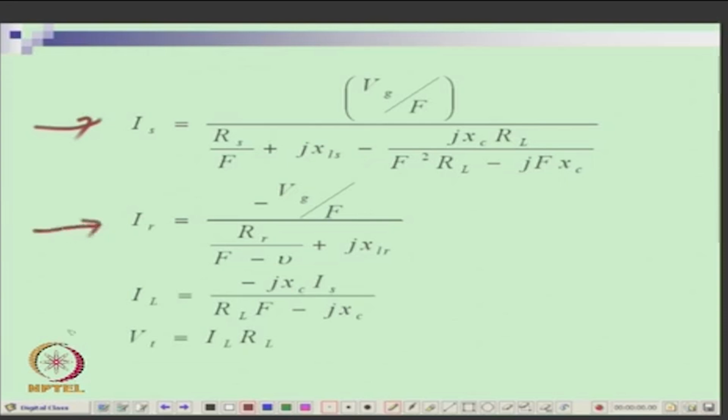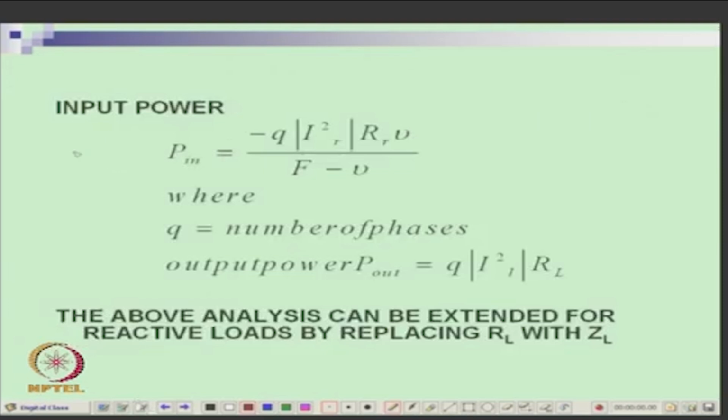Rotor current, load current, and terminal voltage is nothing but load current into resistance, is it not? You know the load current, you know the resistance. So, this is what you have Vt, and input power as a generator is minus Q times IR square RR over F. I think we have done it for the generator, where Q is the number of phases, and output power is IL square RL.